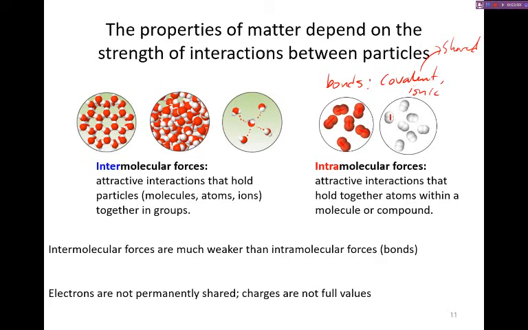And also, they don't contain full charges. So in ionic compounds, we're going to get charges of +1, -1, +2, -2, etc. But when we're looking at intermolecular forces, we're talking about the partial positive and the partial negative charges.